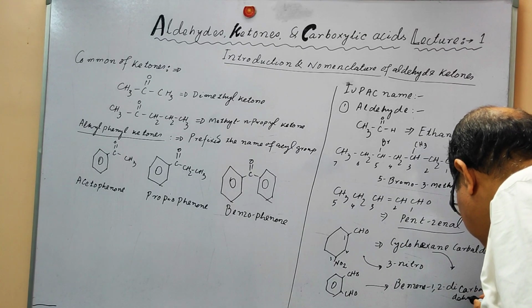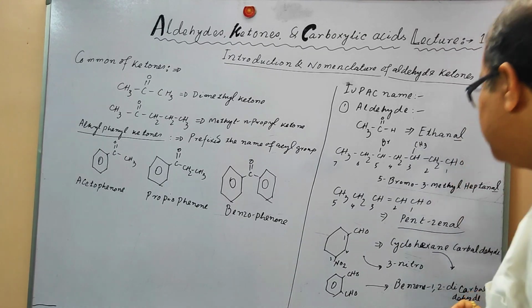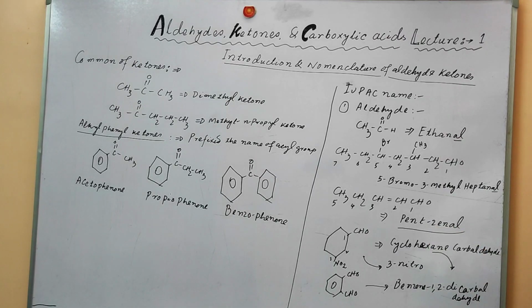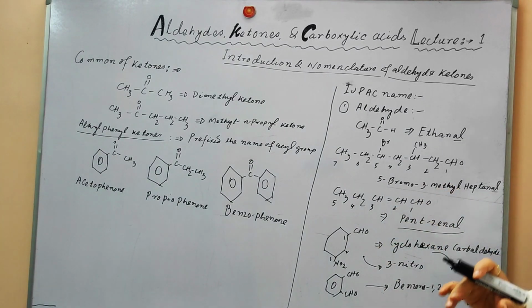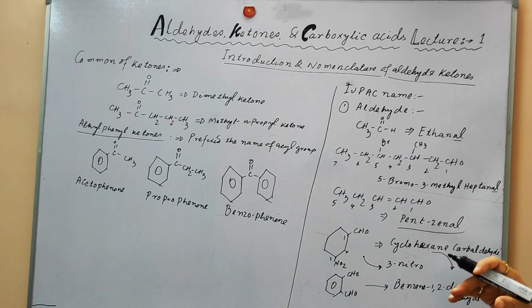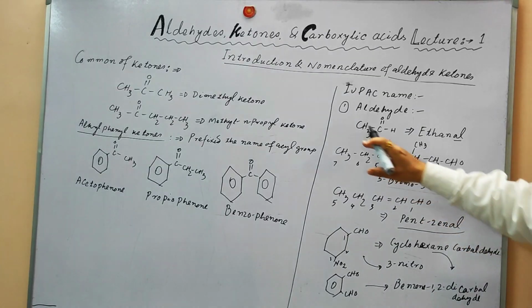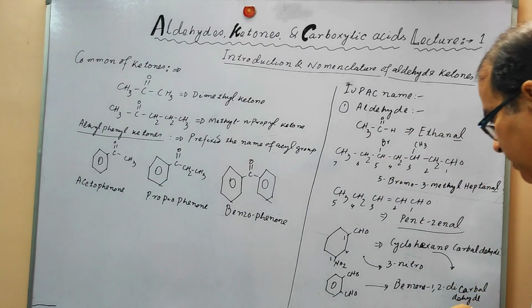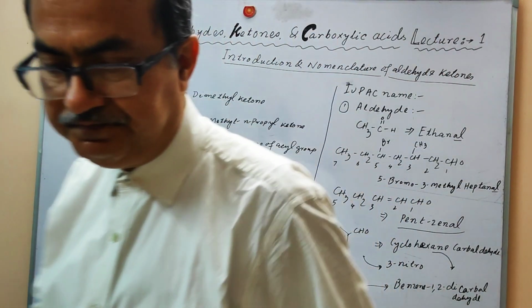Okay. So you can easily understand how we can name aldehydes in different ways, for different compounds, for the cyclic compound and for the aliphatic chains, that is the open chains. Okay, I think this is clear to you.